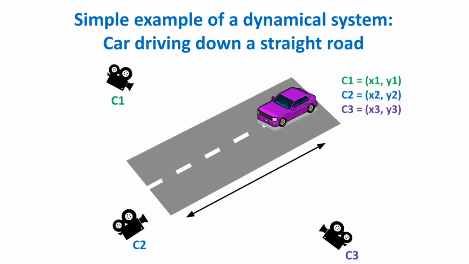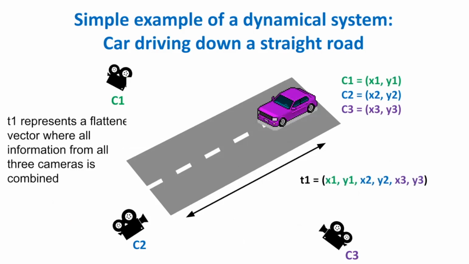So we get a 2-dimensional data point for each camera. Okay. Now if we combine the information of these 3 cameras together into a single data point, then we get a 6-dimensional data point.